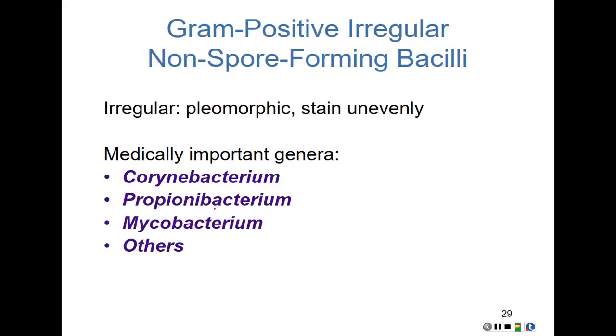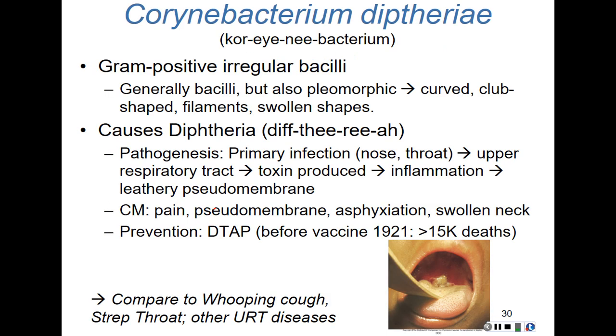Okay, and so in our last group, we want to talk about these irregulars, whether it be due to them being pleomorphic or some other kind of staining issue. So even though we know they're gram-positive bacilli, they're irregular in some way.